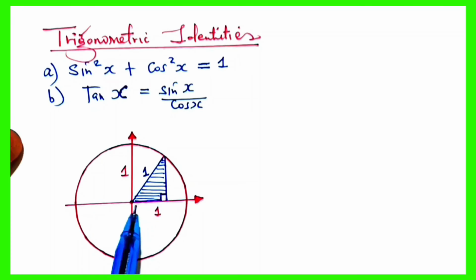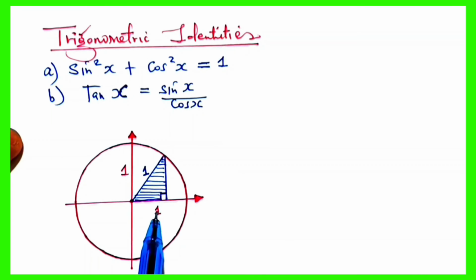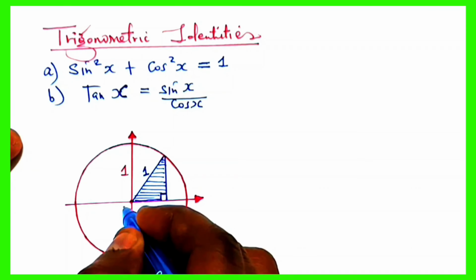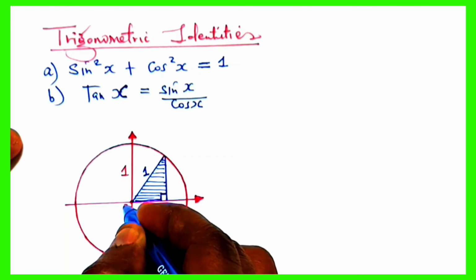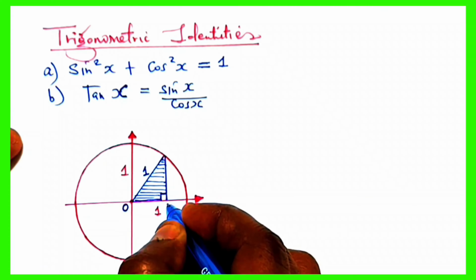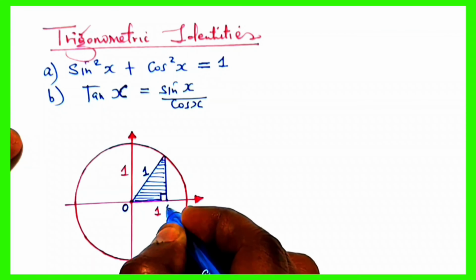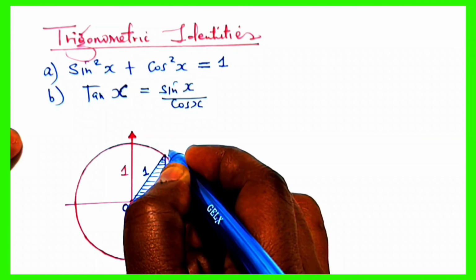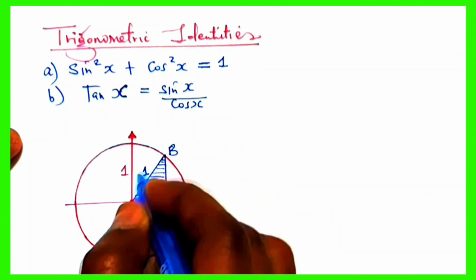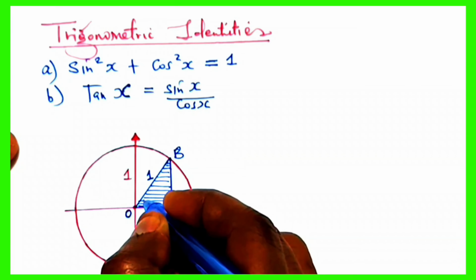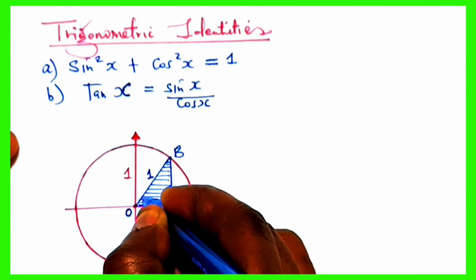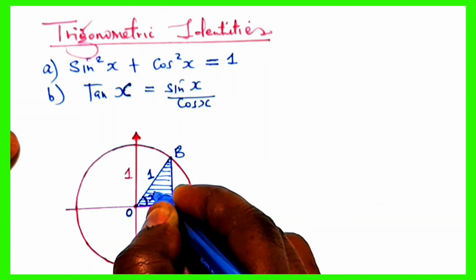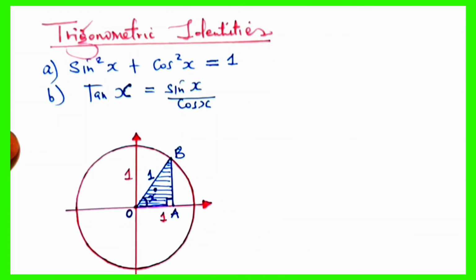And the aim is to come up with this right angle triangle here. So I can label the center O, and then I can label this point here to be the point A, and the point at the circumference to be the point B. And this is where we find angle x degrees.